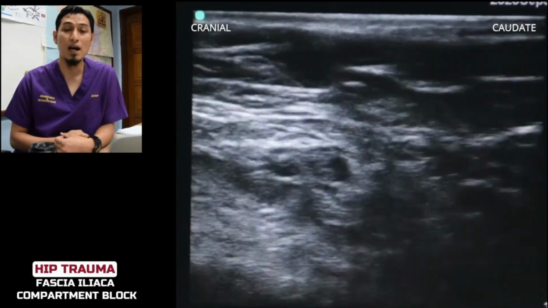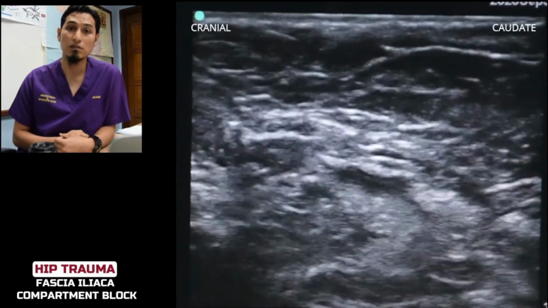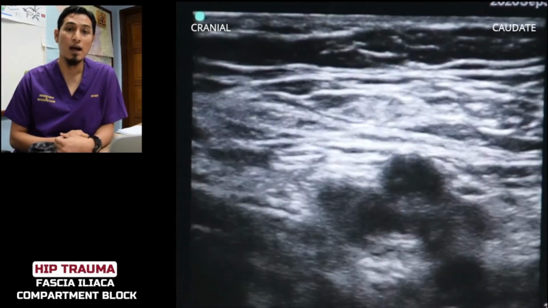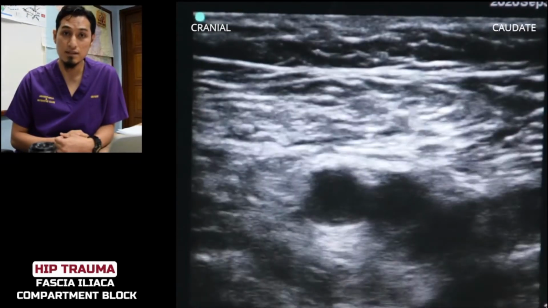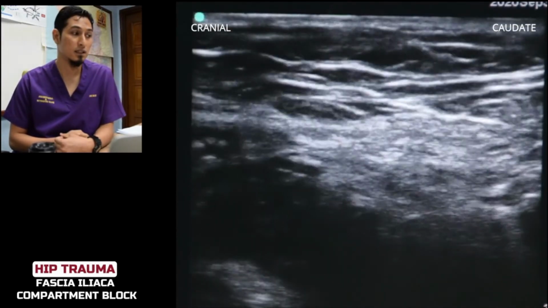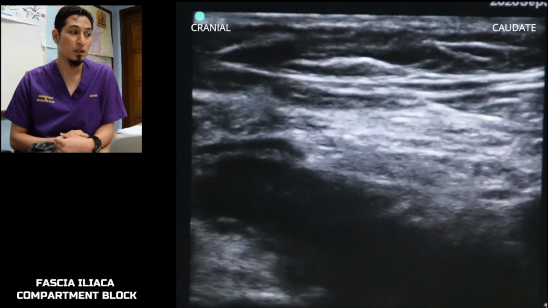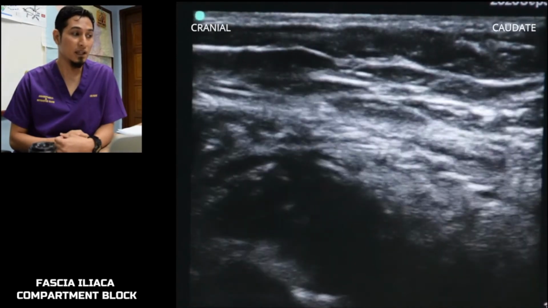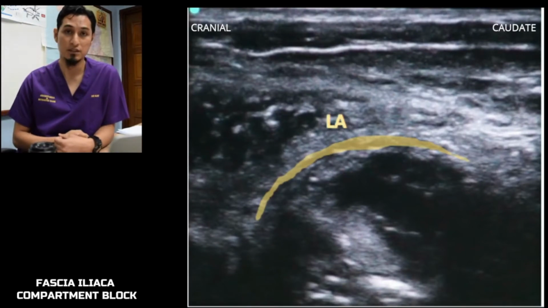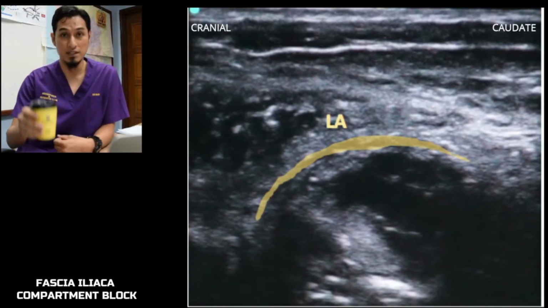We put back our transducer along the inguinal ligament and we identify the femoral vessels, femoral nerve, and the fascia iliaca. So there is some LA in the compartment. So thank you.